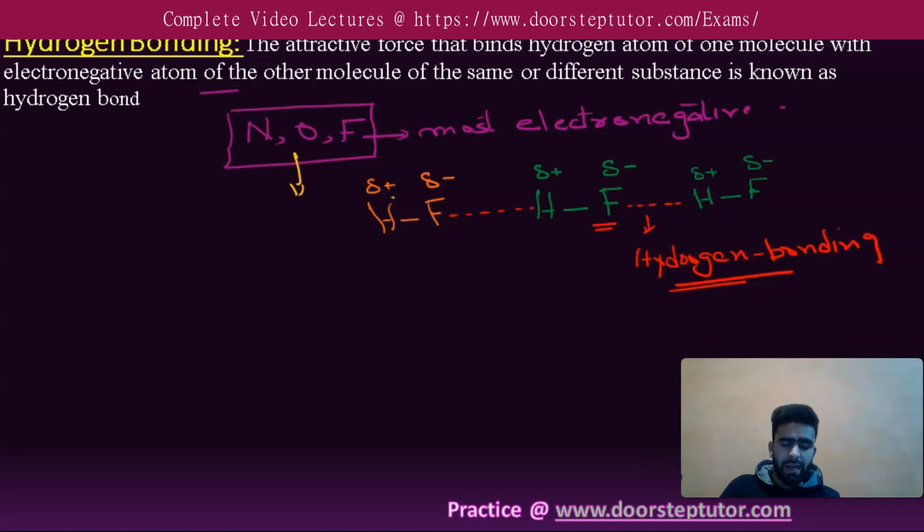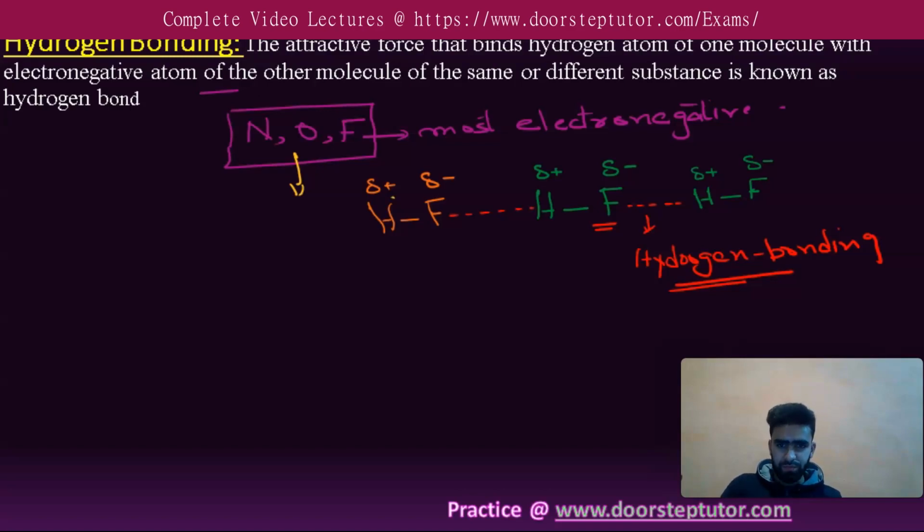So hydrogen bonding is found only in the most electronegative elements in the periodic table, which are nitrogen, oxygen, and fluorine.